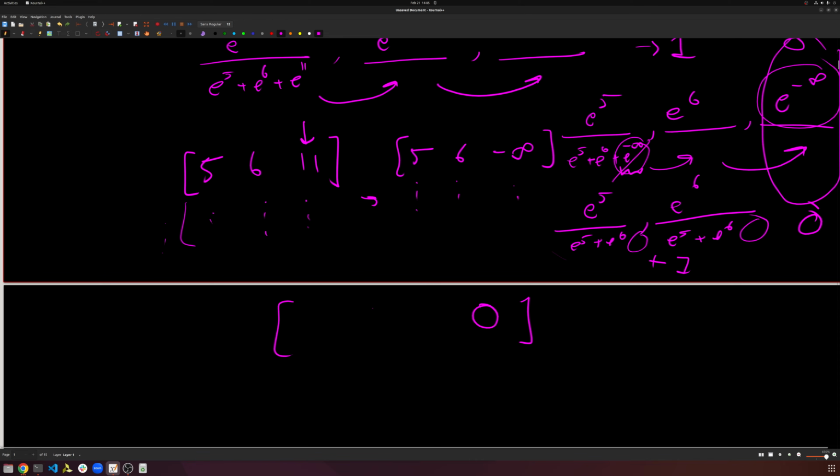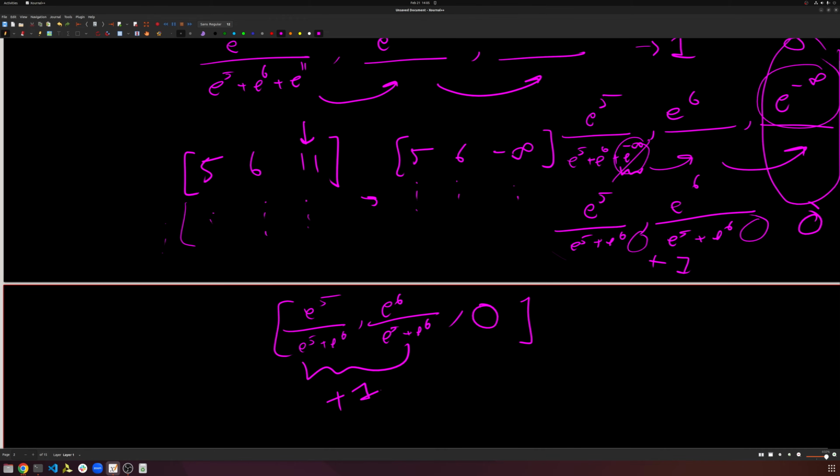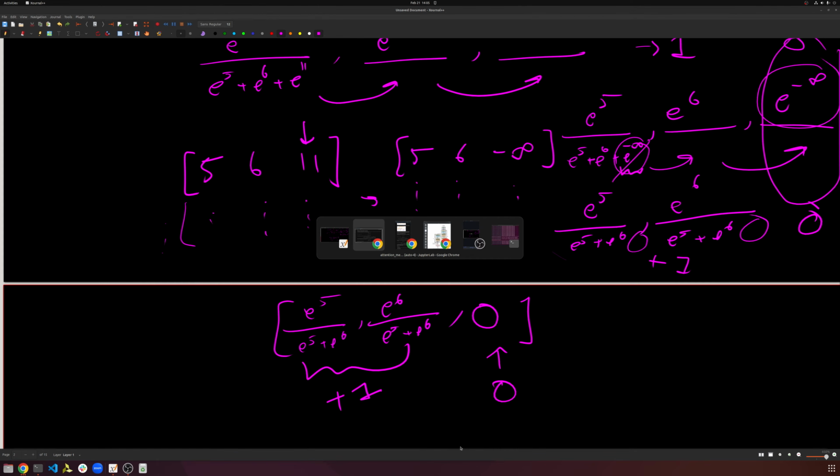And so this is how we come up with e to the 5 over e to the 5 plus e to the 6, e to the 6 over e to the 5 plus e to the 6, and 0. So this is how we make sure these two things sum to 1, and any column that has a pad token is set to 0. That's the big idea. So nothing too crazy.